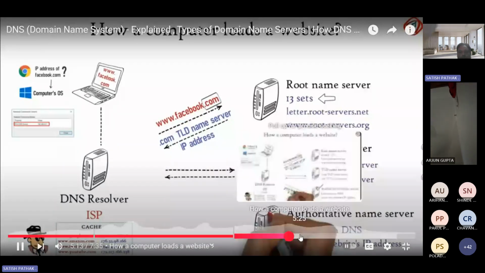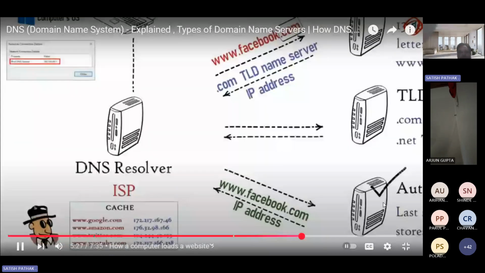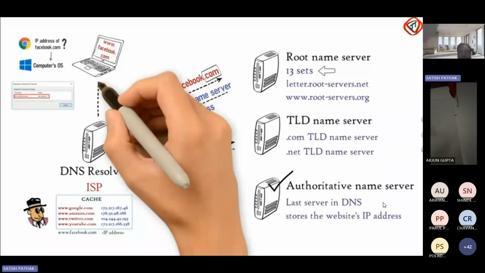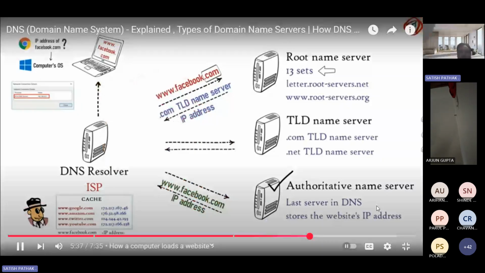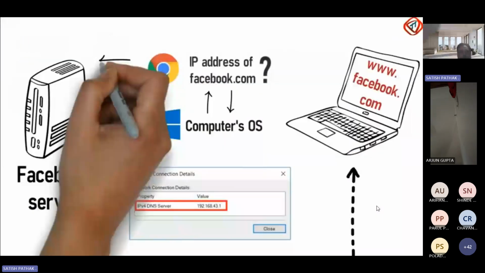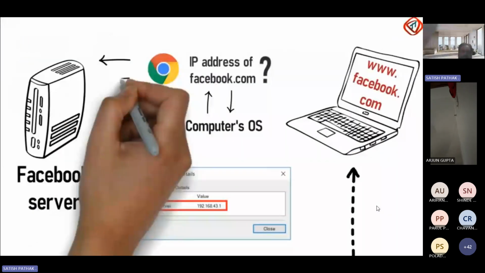DNS resolver stores this information in its cache for future use and provides the IP address to the computer's operating system. Operating system then forwards it to the web browser. The web browser then contacts the Facebook server and loads the requested website, that is facebook.com.